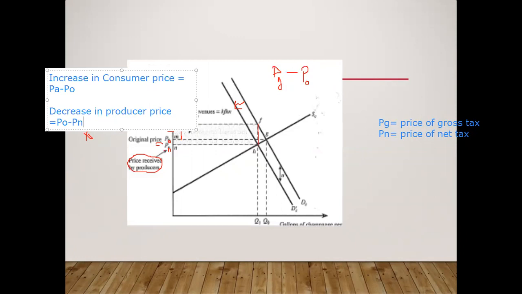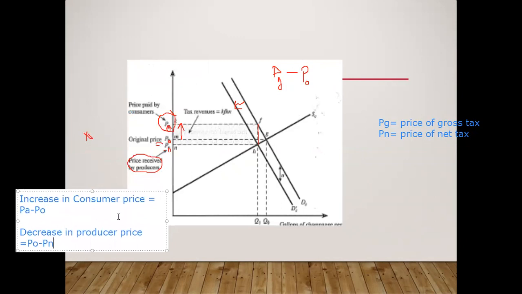They just add up. The increase in the consumer price is between PG and P0, and the decrease in the producer price is between P naught and PN, right?